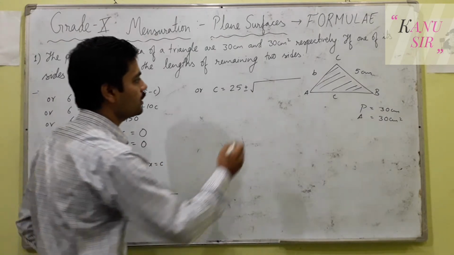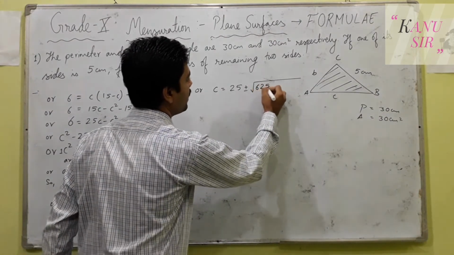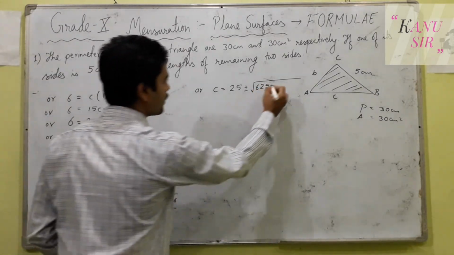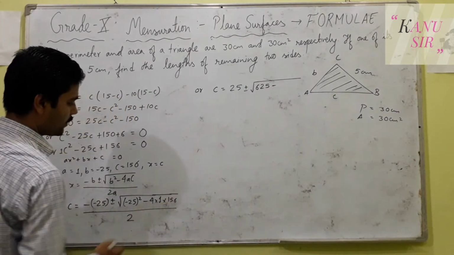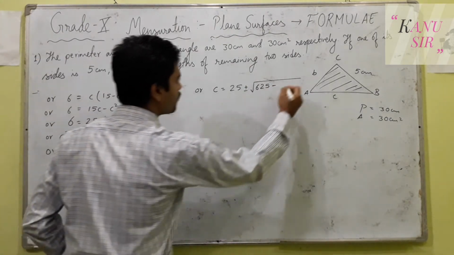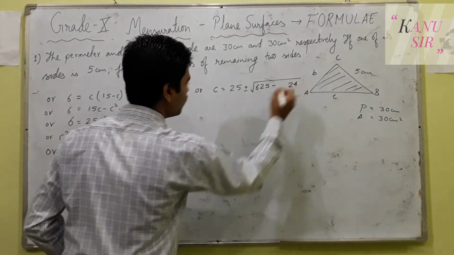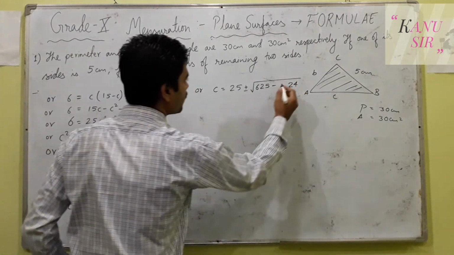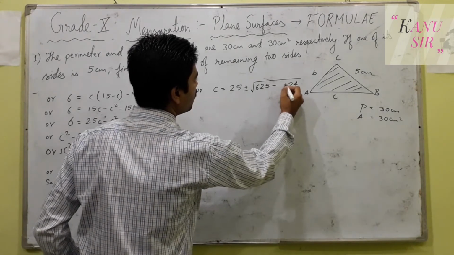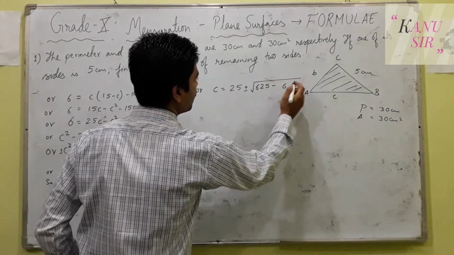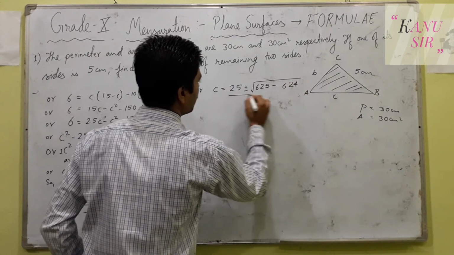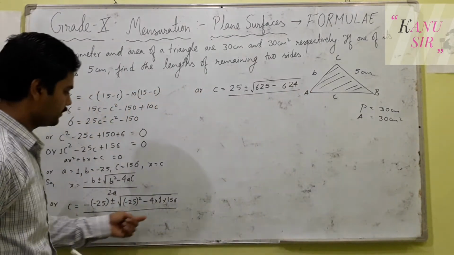Check in your calculator, it will come 625, and minus 4 times 156: 6 times 4 is 24, 5 times 4 is 20 and 2 is 22, 4 times 1 is 4 and 2 is 6, so 624.